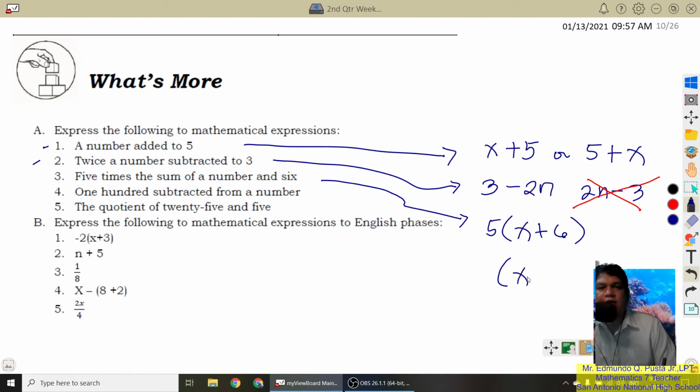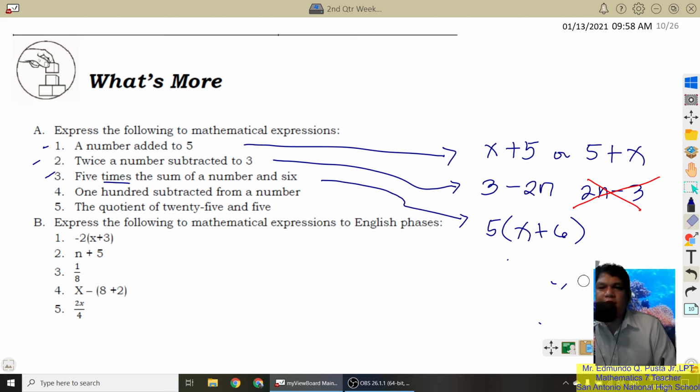Ayan. x plus 6, 5. Since it is times or product, pwede siyang magkapalit. Okay? So, you can also write 5 times 6 plus x since addition is also commutative. Okay? Ayan. So, let us continue.